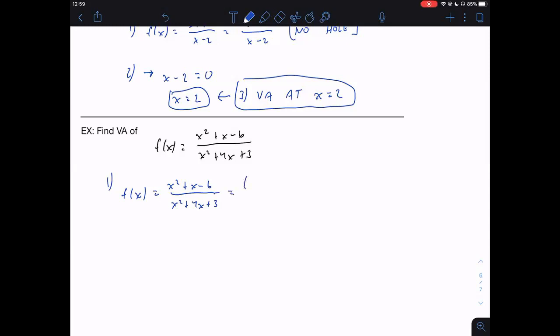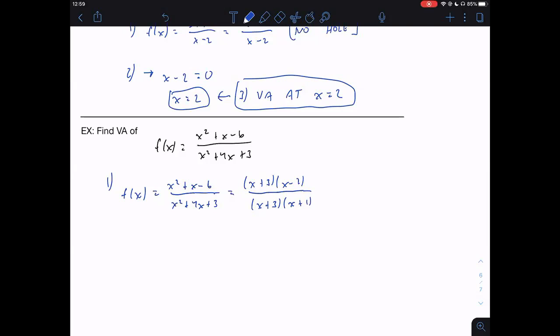The top, x squared plus x minus 6, factors into x plus 3 times x minus 2. And at the bottom, with 4 in the middle and 3 as the third term, this factors into x plus 3 times x plus 1.